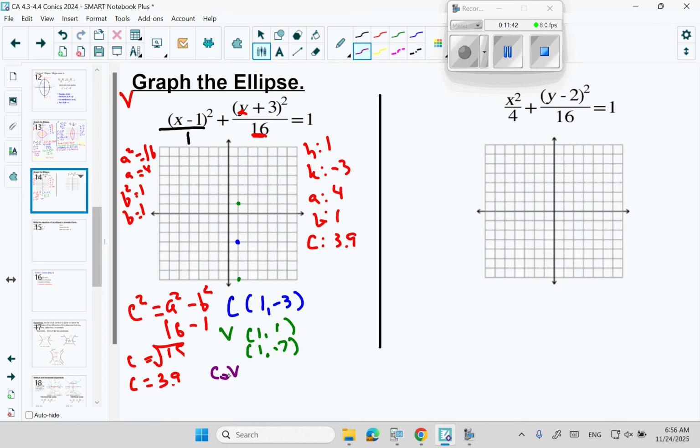Co-vertices, we're going to get as h plus or minus b, comma, k. So the k stays the same. So we're going to get 1 plus 1. That's going to give us 2. And we're going to get 1 minus 1. It's going to give us 0.